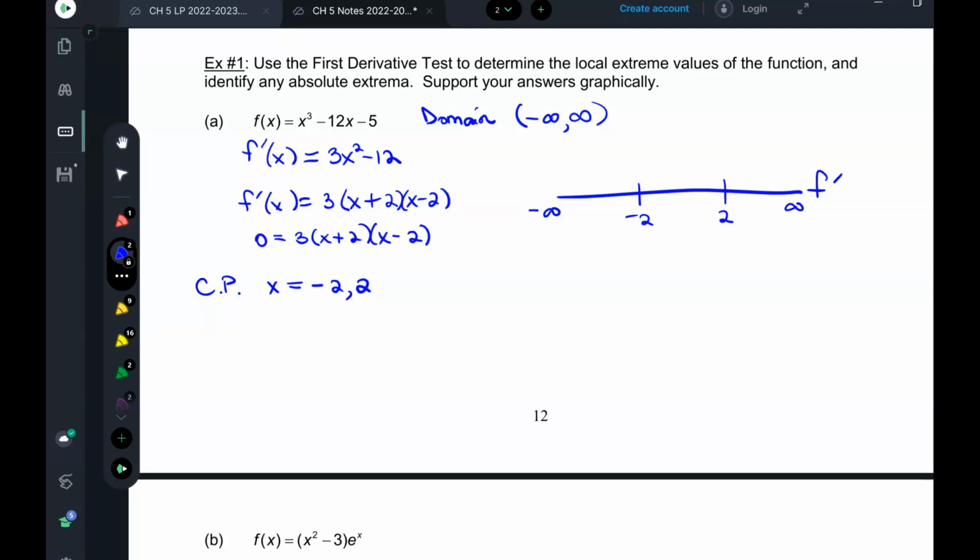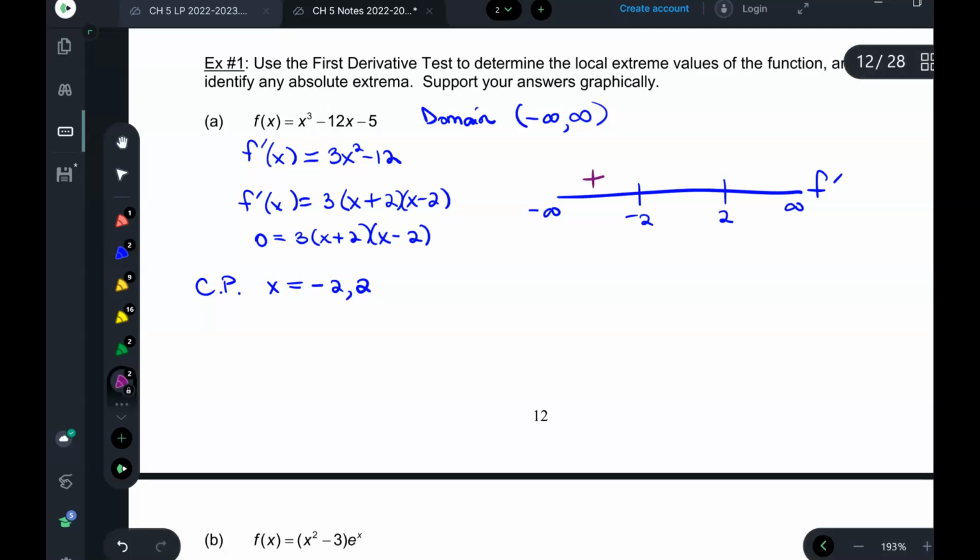But here, if I have a negative 3, it'll be negative times negative, which is positive, times the 3 in front, so positive. Plug in 0, I get positive times negative, so negative. Plug in something bigger than 2, positive, positive. So it goes up, then it goes down, then it goes up.